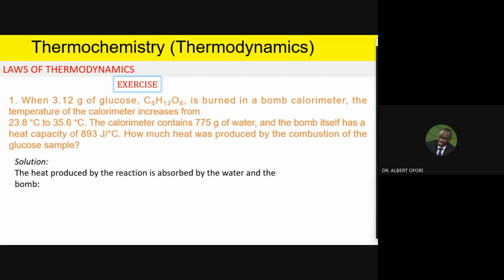The calorimeter contains water, so we'll be getting the heat of water. And then, of course, that bomb has a heat capacity of 893 joules per degree. The question is asking us to find the heat that was produced during the combustion of that glucose. Well, how do we find that?